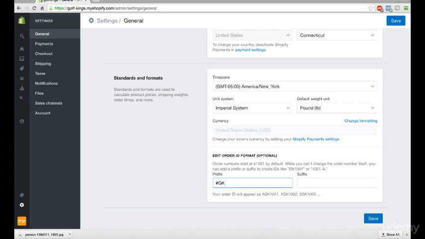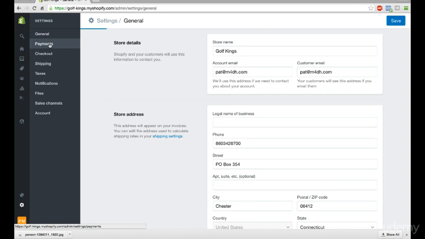Even though it's going to be obvious when I see the product, it's still just nice to know when I'm looking at numbers that GK 1001 is a Golf King order versus some other acronym that I have for my other stores. So just food for thought, put that in there. It does come in very handy.